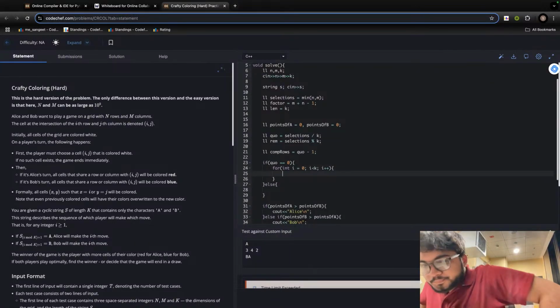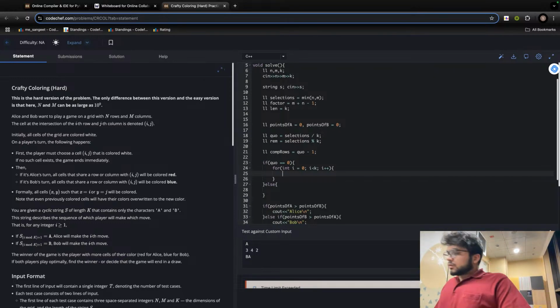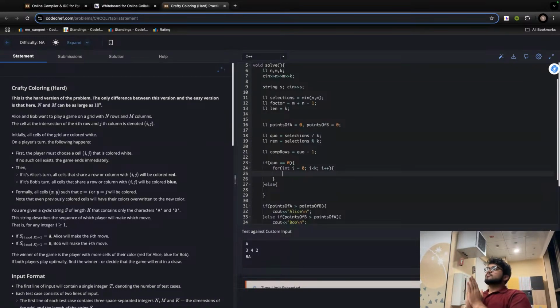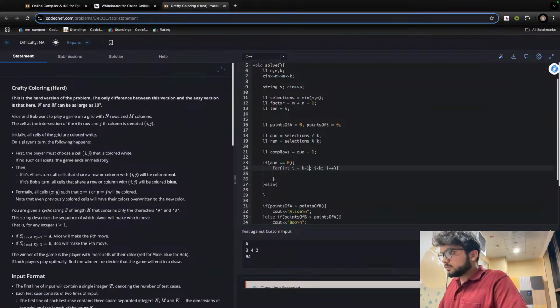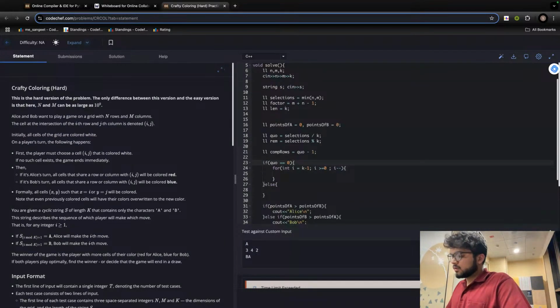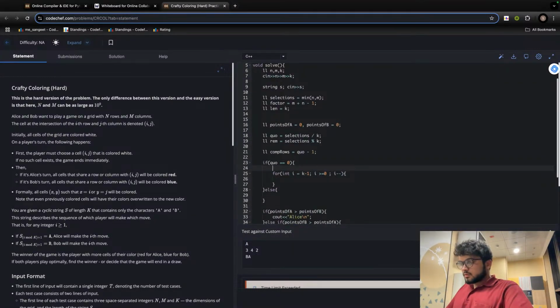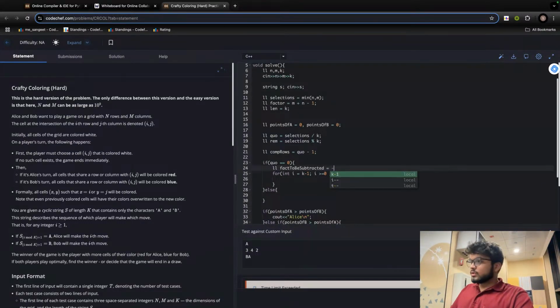What we'll do here, let's move backwards, as that will be easier to code. Factor to be subtracted, this is the same thing that we used in the easier version.